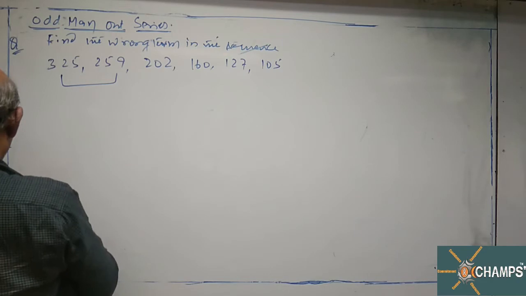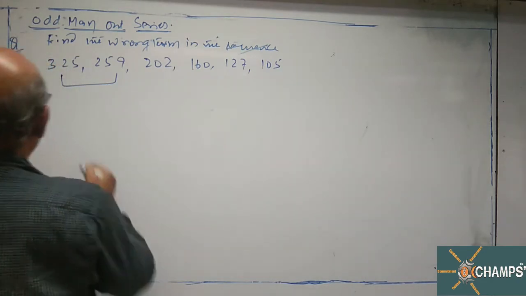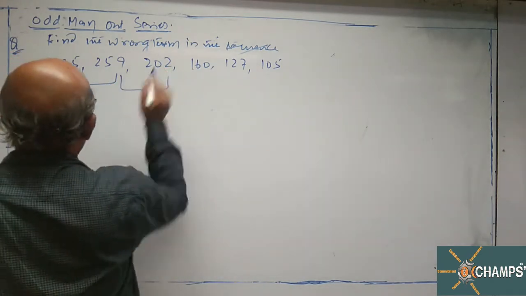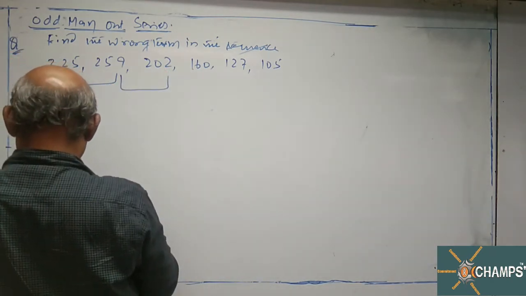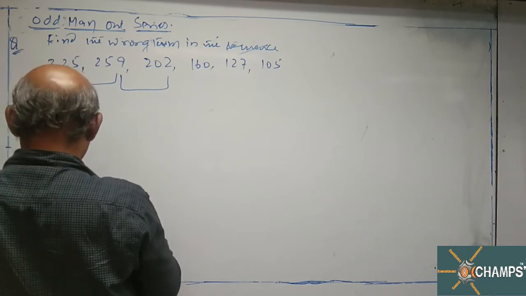This is 259 minus 325, minus 66. Now here it is 202 minus 259.